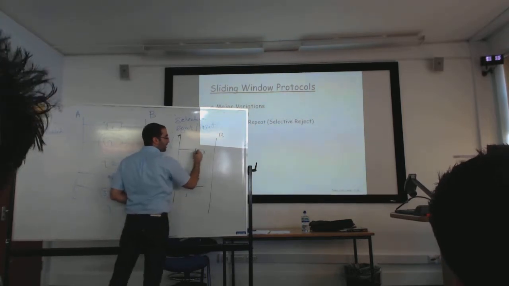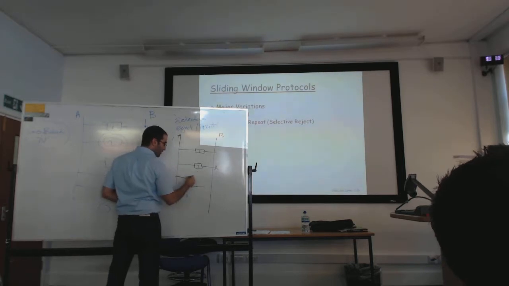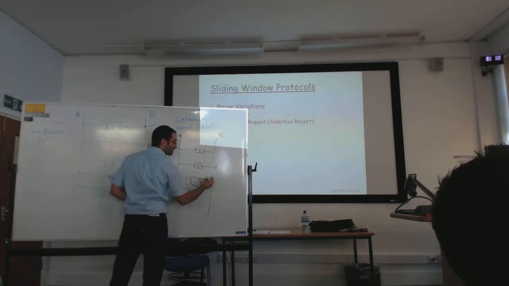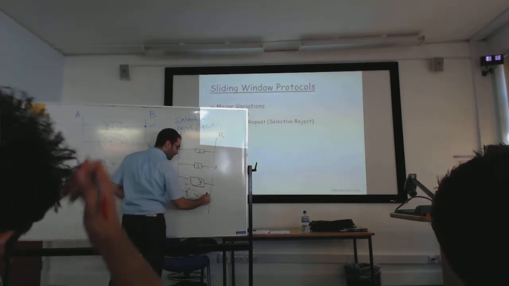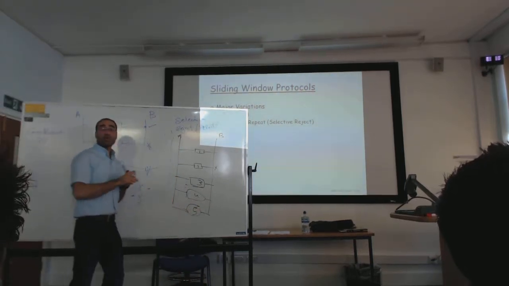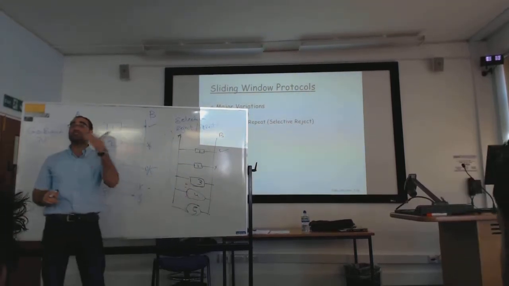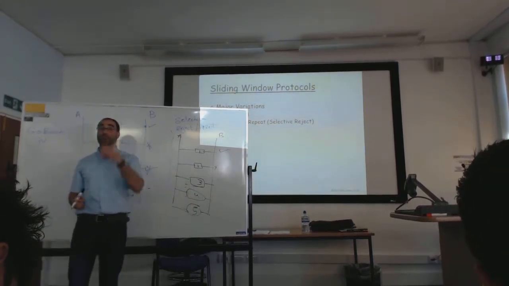First message, arriving. Second, not arriving. Third one, arriving. And let's say a fourth and a fifth. In go back N, if I received 1 and did not receive 2, I'll start ignoring everything else until I receive 2 again, because I want them in order.